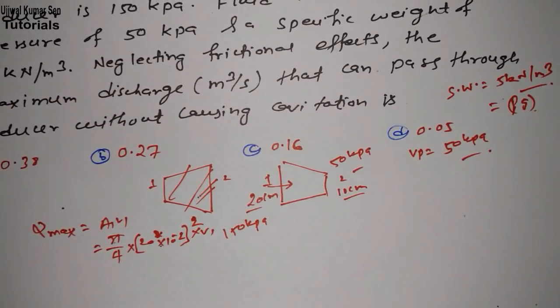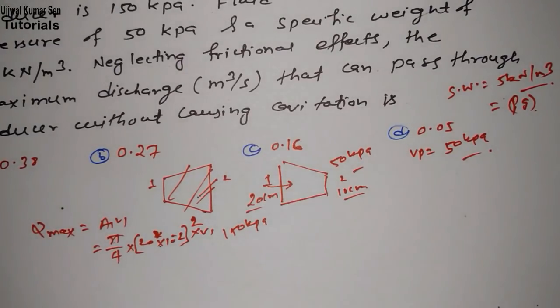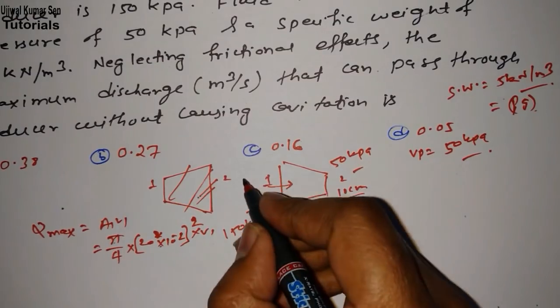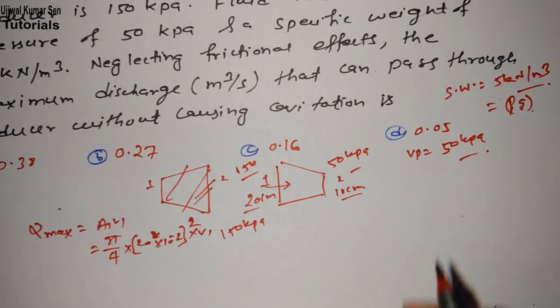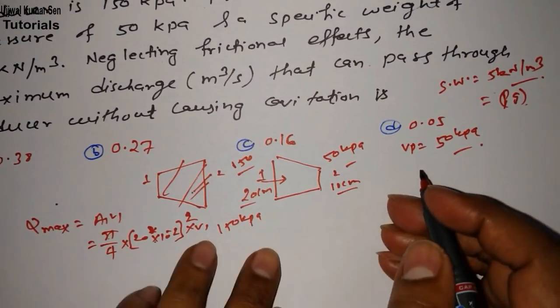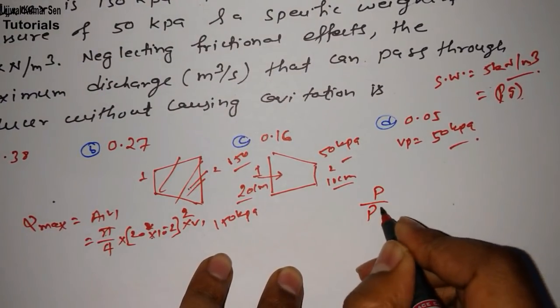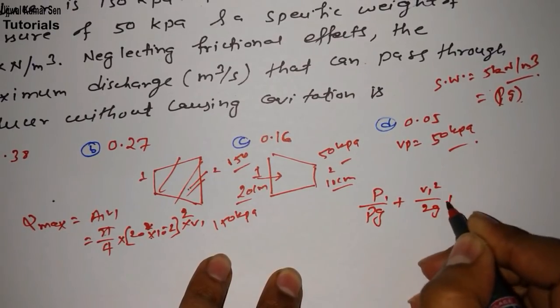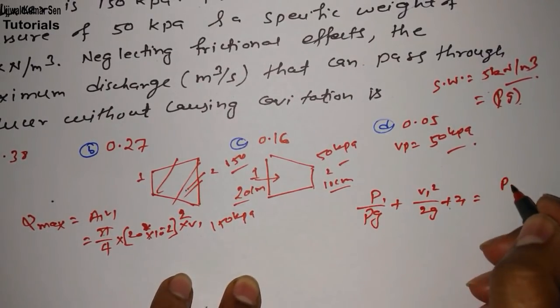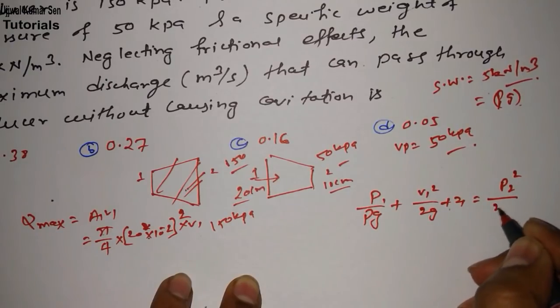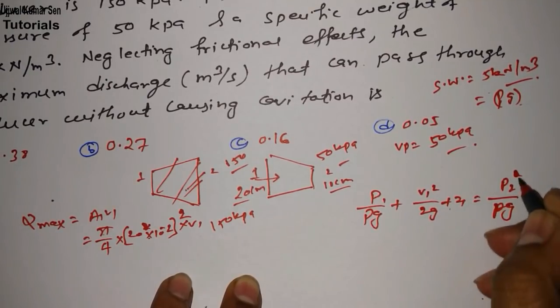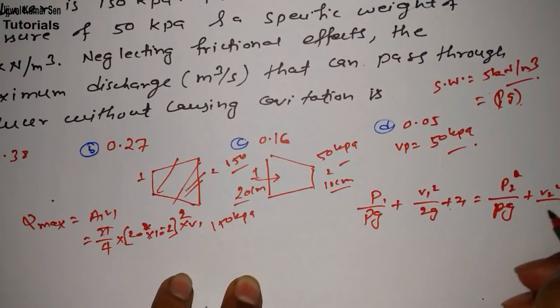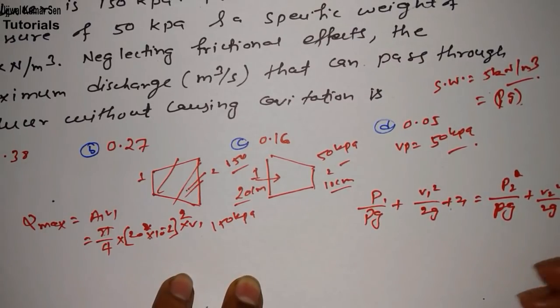By implementing Bernoulli's equation, we can find the value of V1, because we have been given all these values. Here the pressure we get is 150, and here 50. So Bernoulli's equation: P1 by rho g plus V1 square by 2g plus Z1 is equal to P2 by rho g plus V2 square by 2g plus Z2.